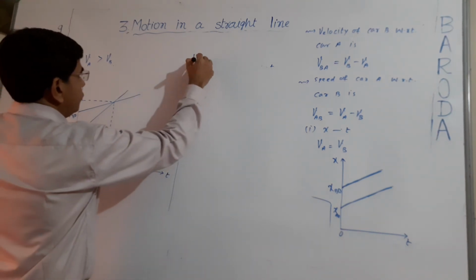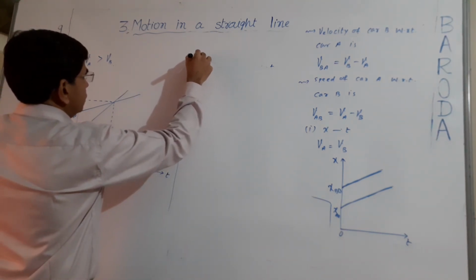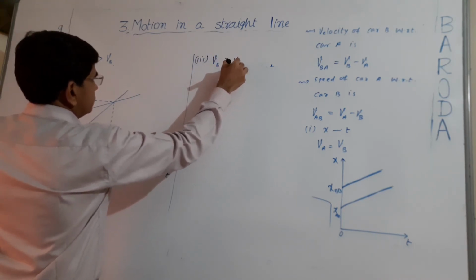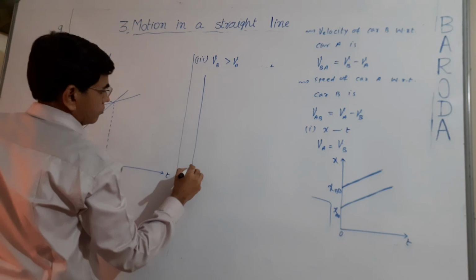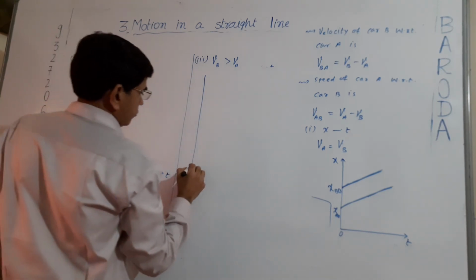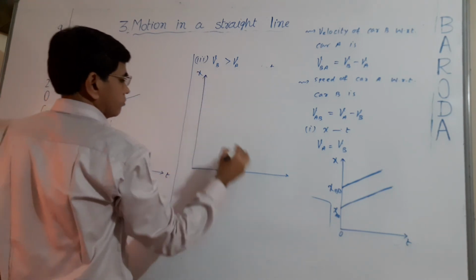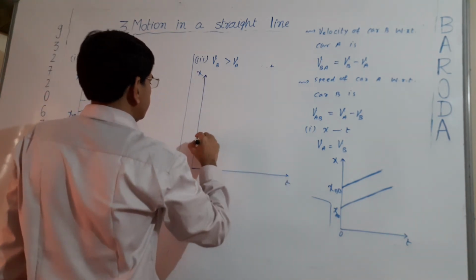Number 3. What will happen when Vb is greater than Va?